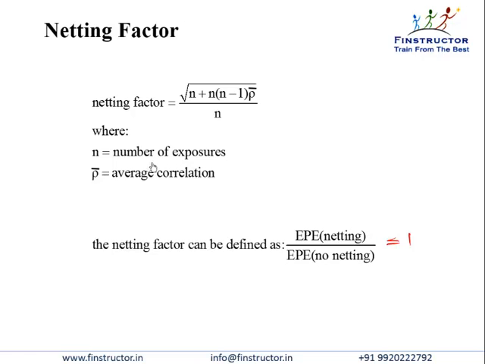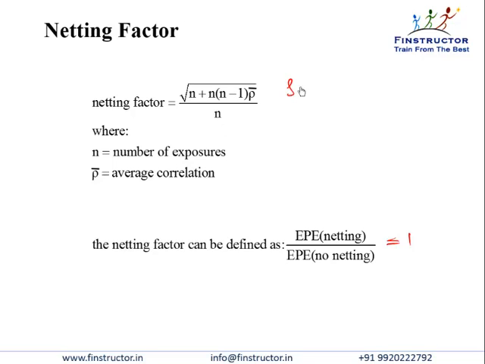If you have n different exposures and the average correlation amongst our exposures is rho average, then the netting factor can also be derived as the square root of n plus n into n minus 1 into the average correlation, upon n.